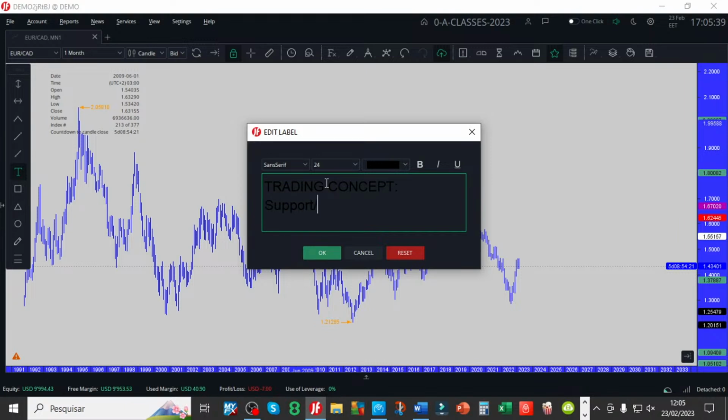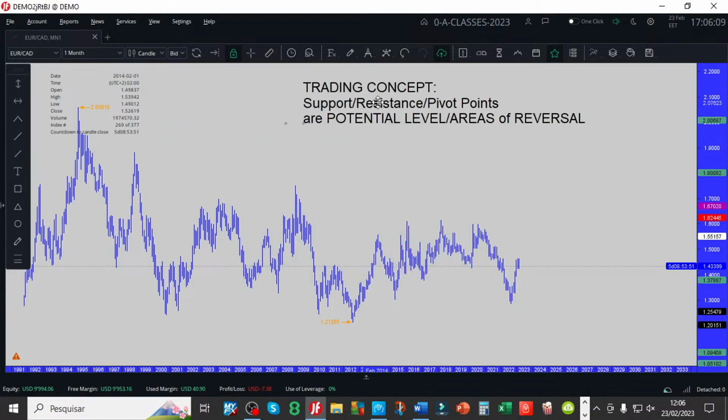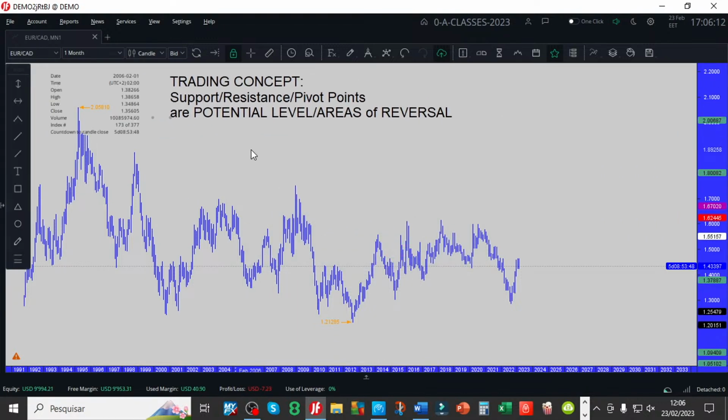Support slash resistance slash pivot points are potential levels slash areas of reversal. Okay, everybody, it's a trading concept.